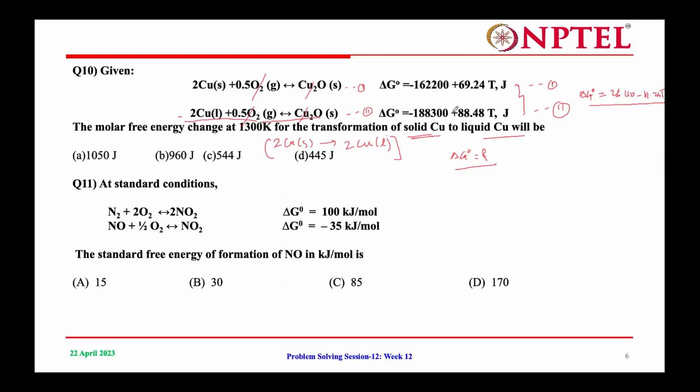So put the value of 1300 in this equation, you will get delta G of 1088 joules. This is for 2 moles, so delta G per mole equals 544 joule per mole, right? Option C is right.